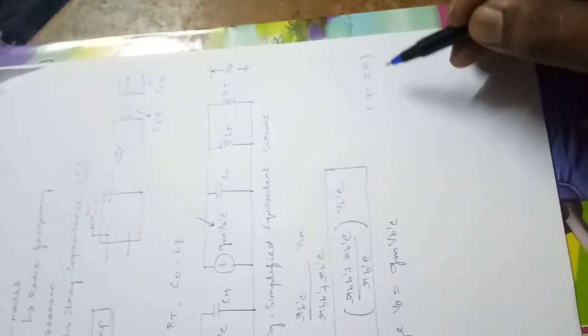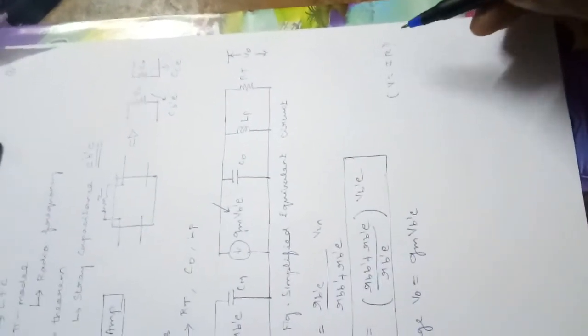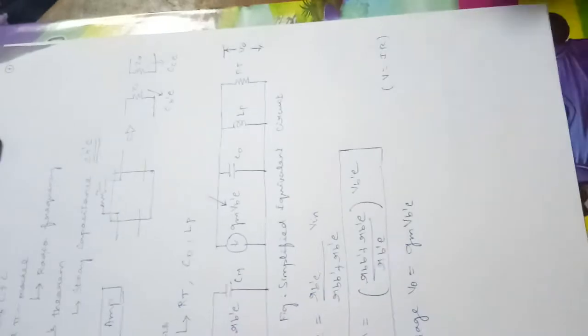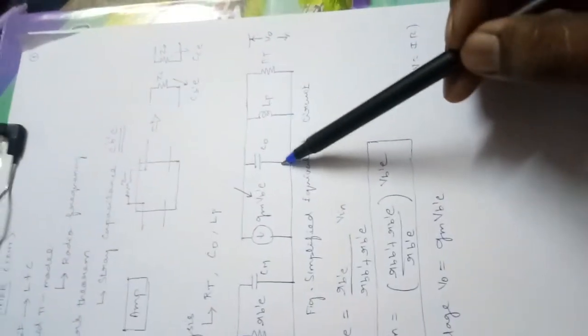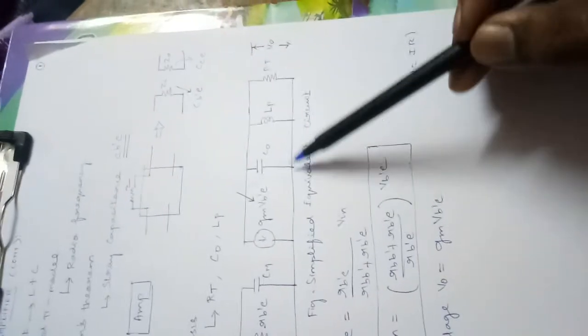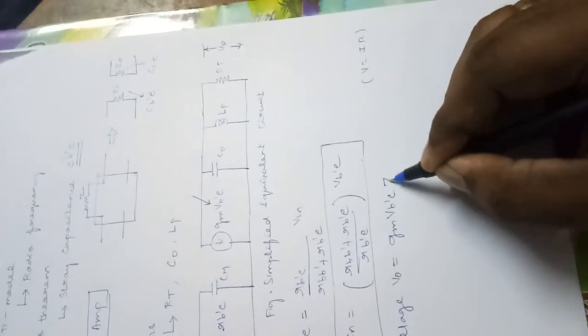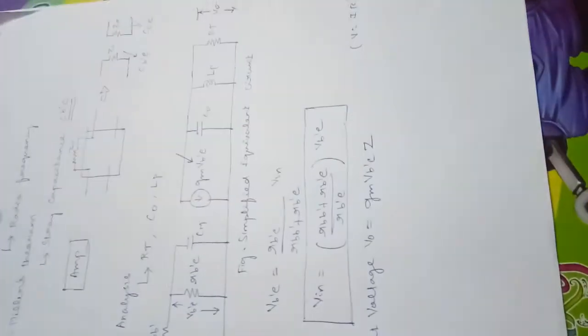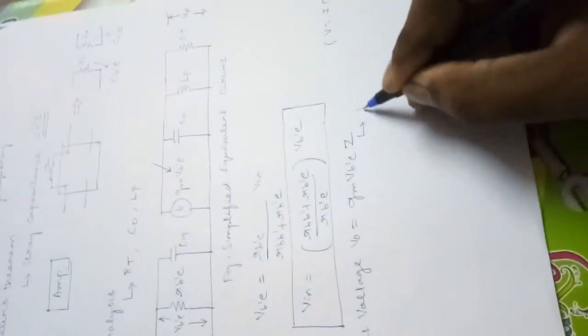Now the question arises: what will be the value of R, or how to express V in the form of IR? Since we have three passive elements at the output side, instead of taking it as an R, I am going to represent V0 as Gm into Vb prime E into Z, where Z represents the impedance.